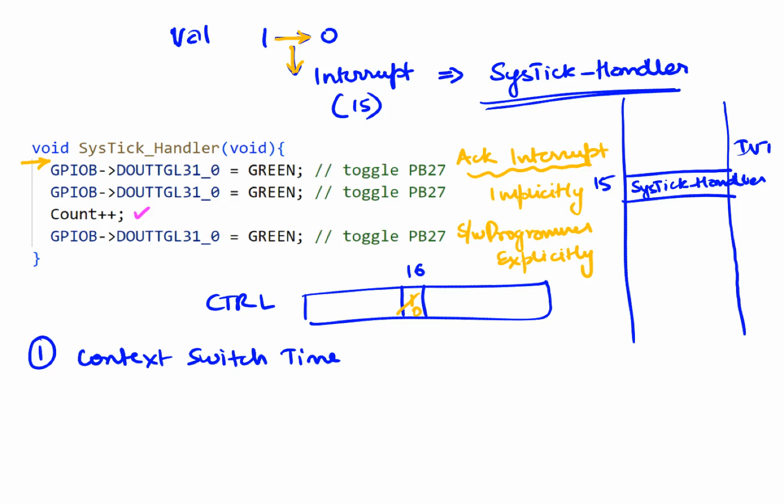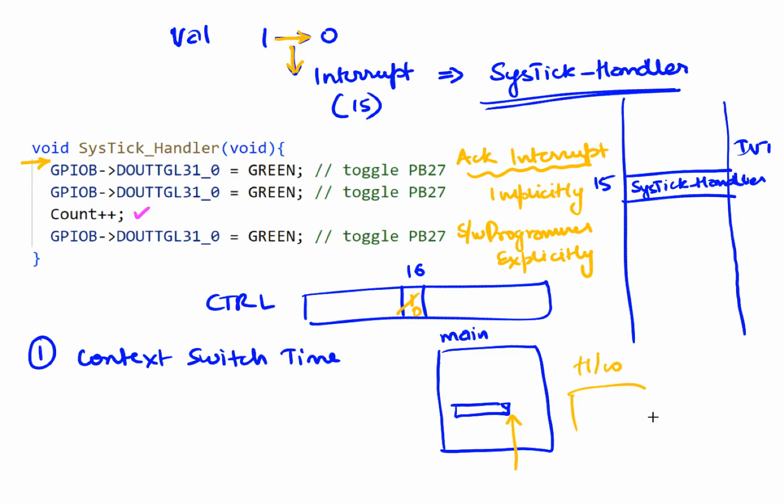Some code was running. We had our main program running, and some line of code was running. This line of code got interrupted and the hardware did a bunch of steps. We already know this.